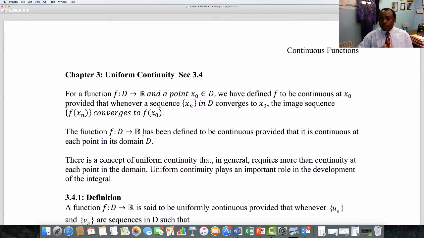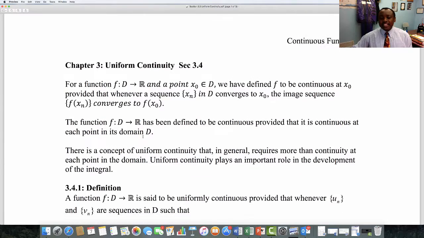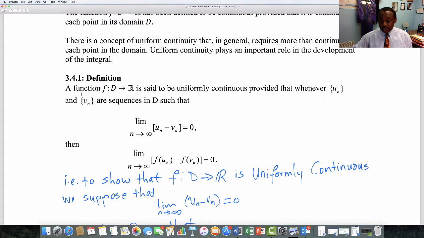Subsection 3.4.1 Definition. A function f from a domain D to the set of real numbers R is said to be uniformly continuous, provided that whenever there are two sequences un and vn in D such that the limit as n approaches infinity of un minus vn equals 0, then we would have that the limit as n approaches infinity of f of un minus f of vn equals 0.